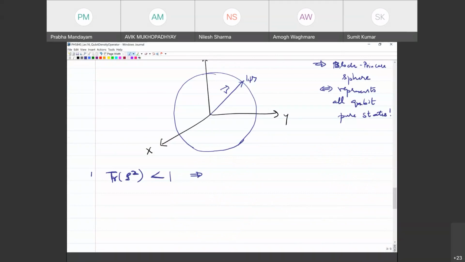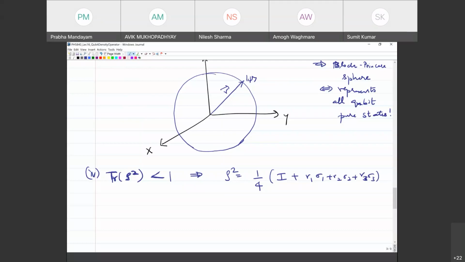So this is the fourth property I'm invoking. So what is rho squared? Rho squared becomes 1 by 4 identity plus R1 sigma 1 plus R2 sigma 2 plus R3 sigma 3, the whole squared.